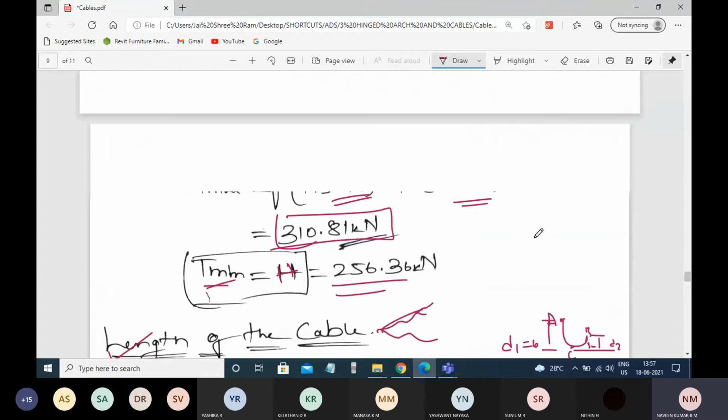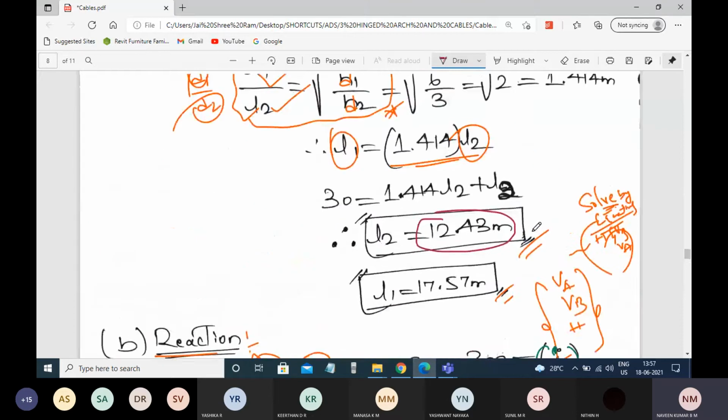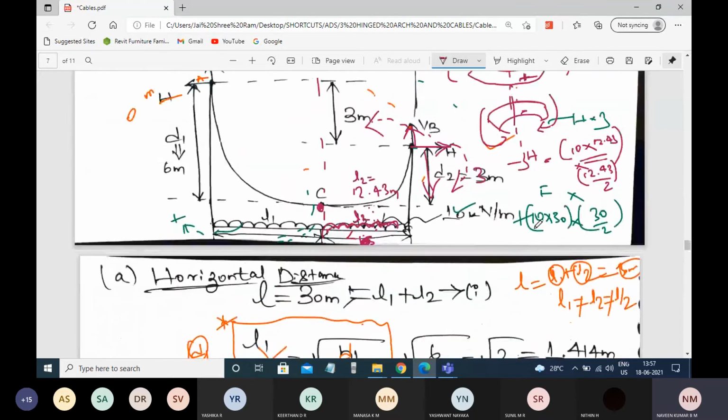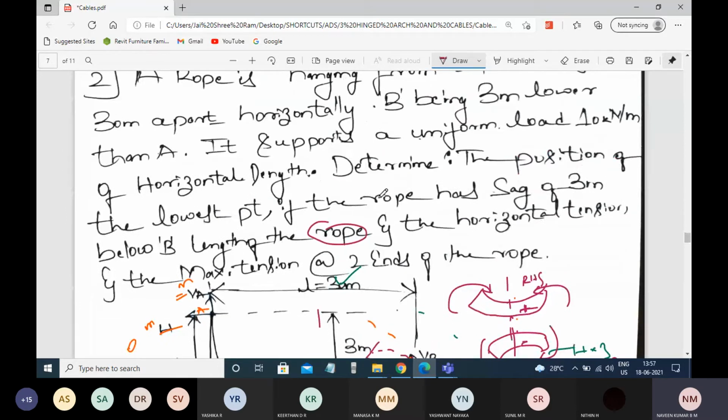Here they mentioned it as rope, right? So the rope is carried through a pulley only.